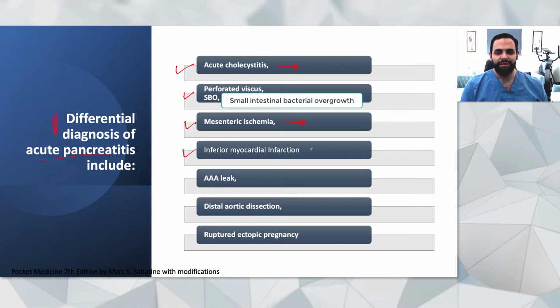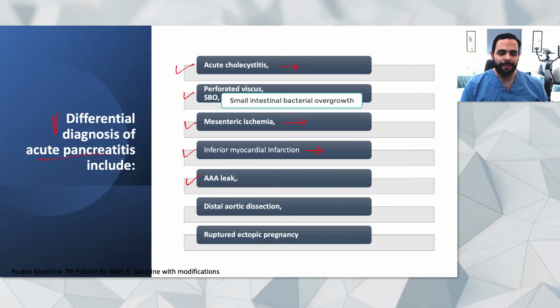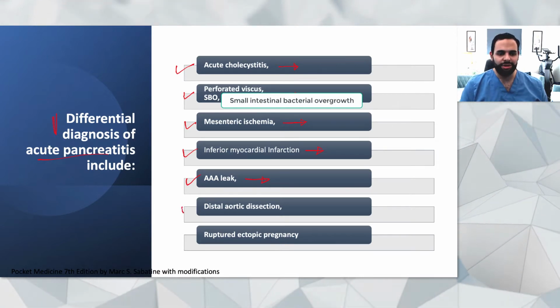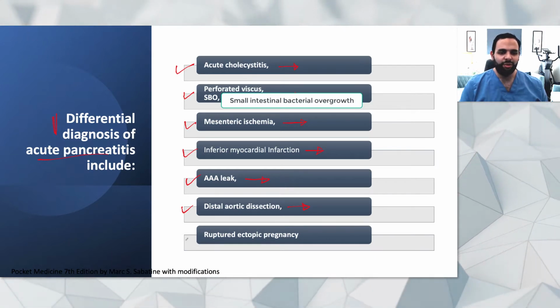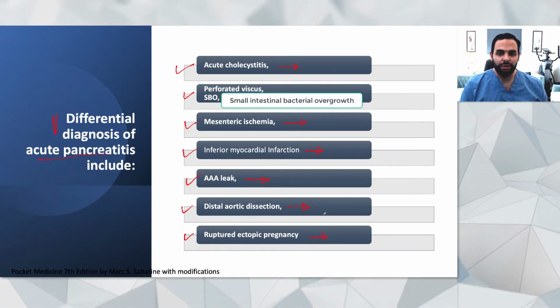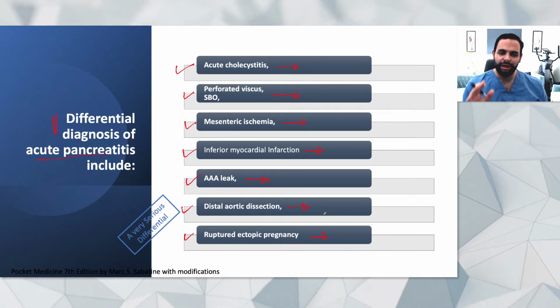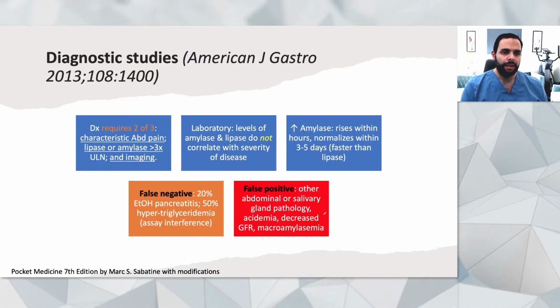Inferior myocardial infarction, again, medical emergency. Abdominal aortic aneurysm leak, medical surgical emergency. Distal aortic dissection, medical surgical emergency. Ruptured ectopic pregnancy, surgical emergency. So the differential of acute pancreatitis is a very serious one.